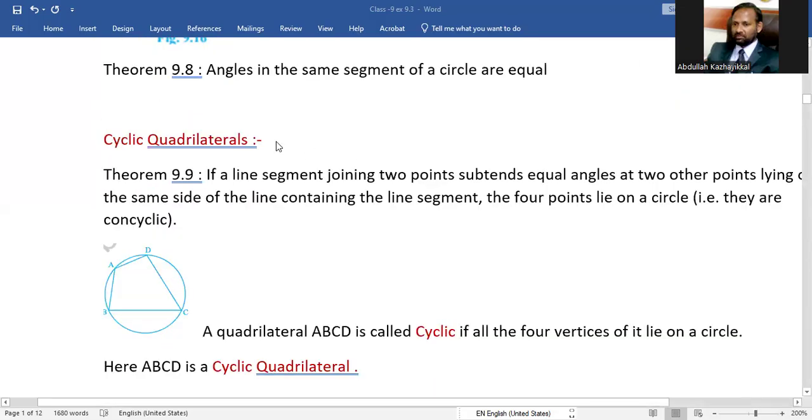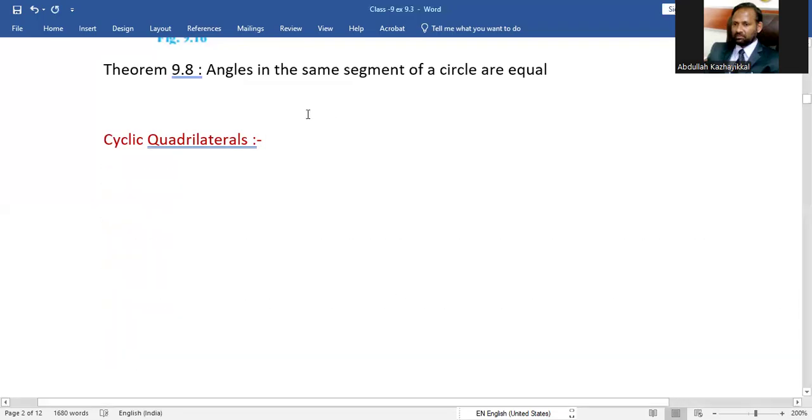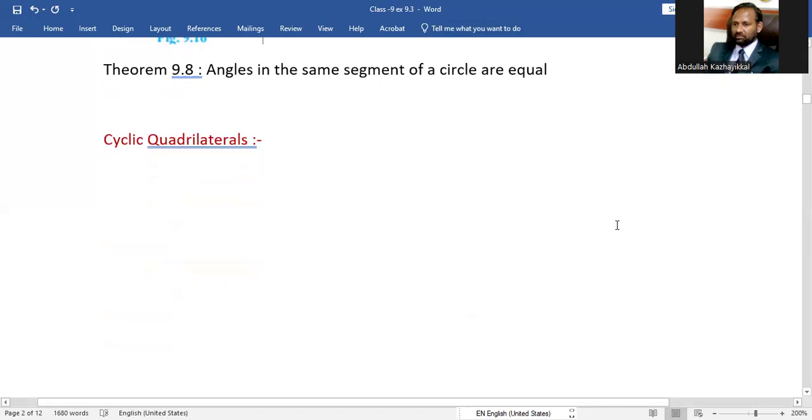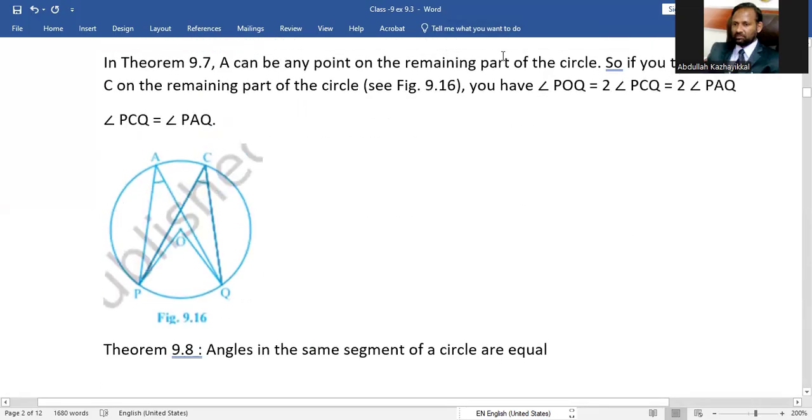Now, cyclic quadrilateral. What do you mean by cyclic quadrilateral? Think about cycle, circle. Please think about it, then only I will explain. What is a cyclic quadrilateral? Please, all of you. Okay, ready-made answer, you will tell, I know.